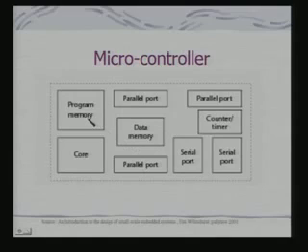Now, why have I shown program memory and data memory separately? In many cases, my program memory can be a read-only memory, an erasable PROM, or even flash, which is expected to be a persistent storage. That means when an embedded system comes pre-programmed, the program is stored in the program memory, which is typically not RAM.